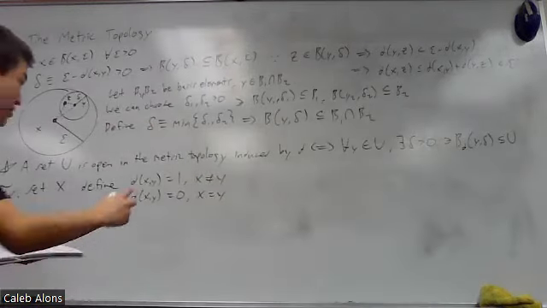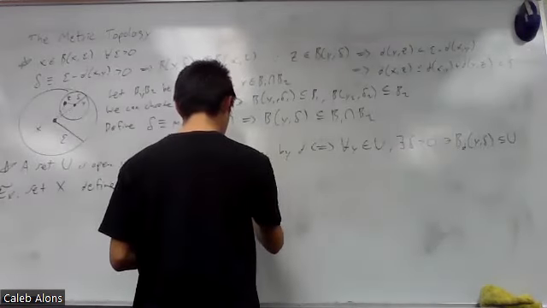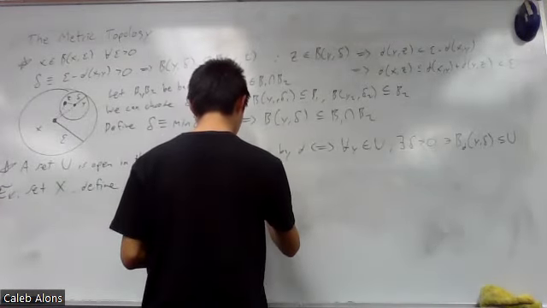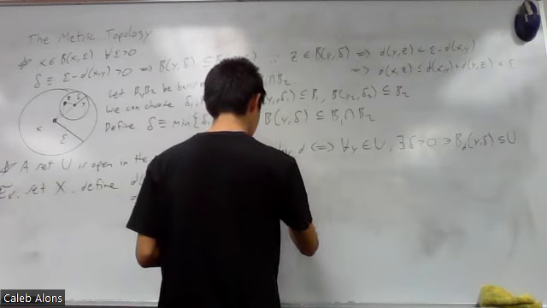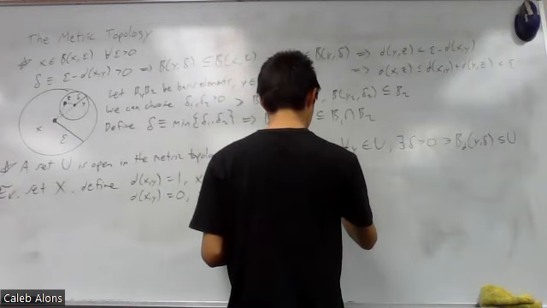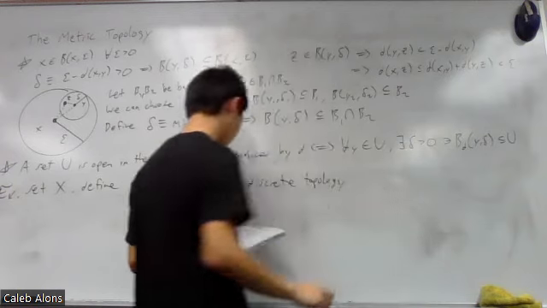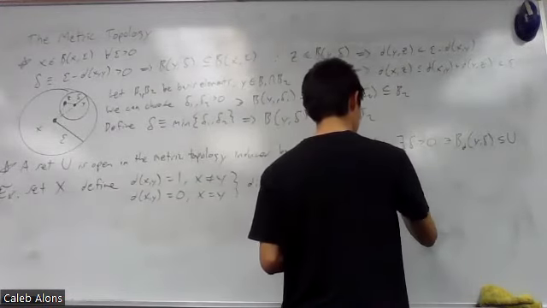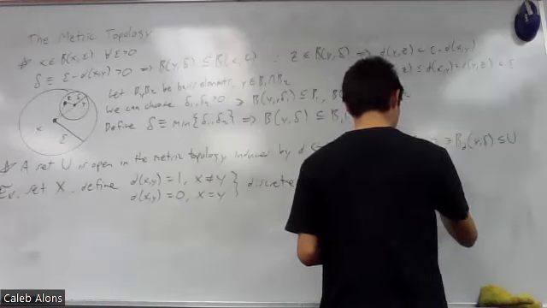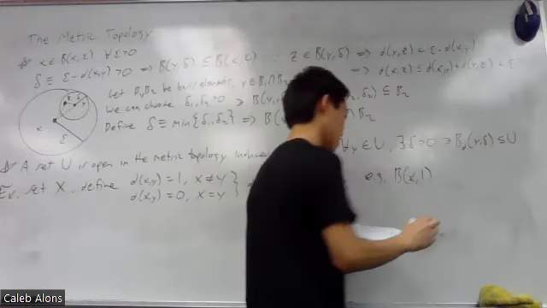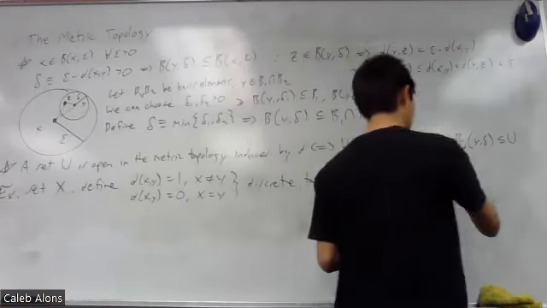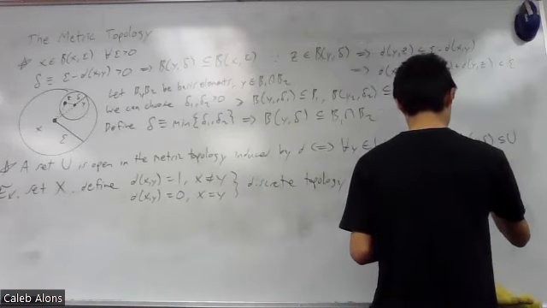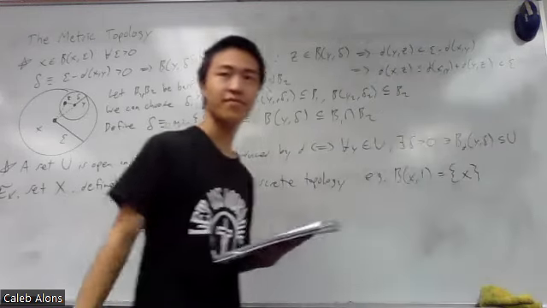This is the metric that induces the discrete topology. The discrete topology comes from this metric. Because, for example, if I took the ball centered at x with radius 1, that's just going to consist of x by itself.